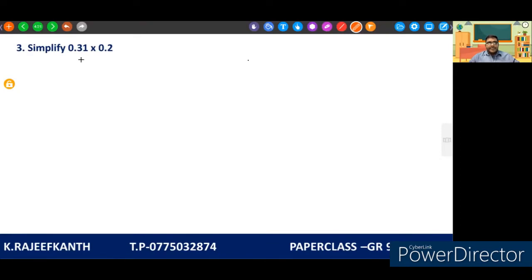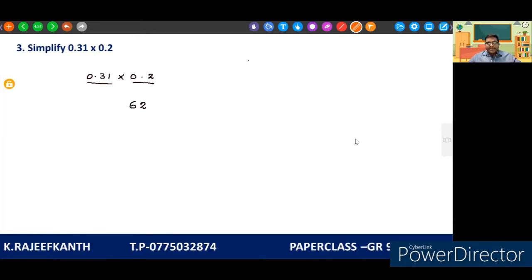Right. So here 0.31 into 0.2. Here these two are decimal numbers. So without the decimal point, this number is 31. If there is no decimal point, this number will be 2. Then 31 times 2 is equal to 62.